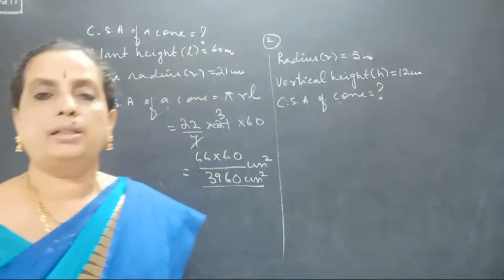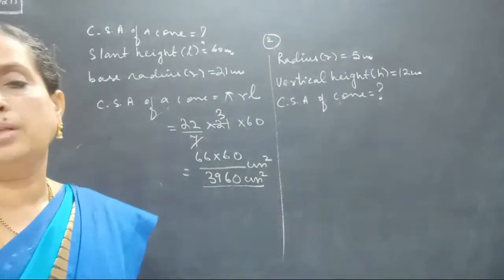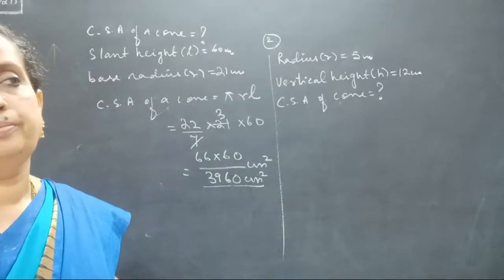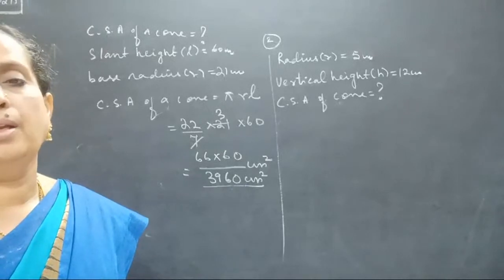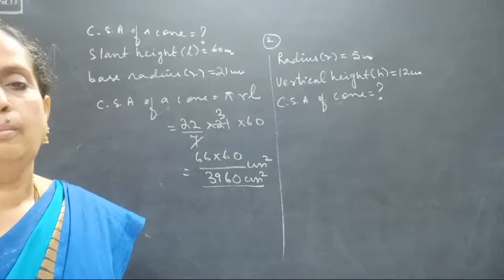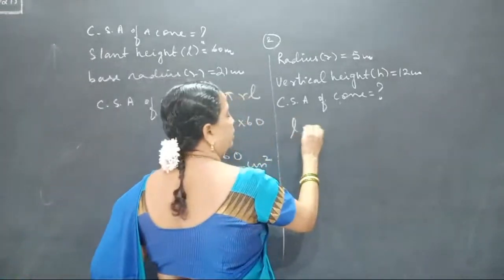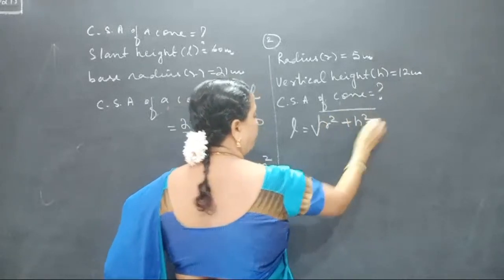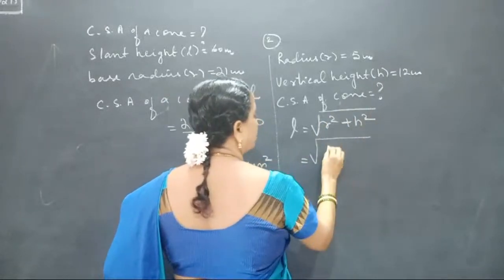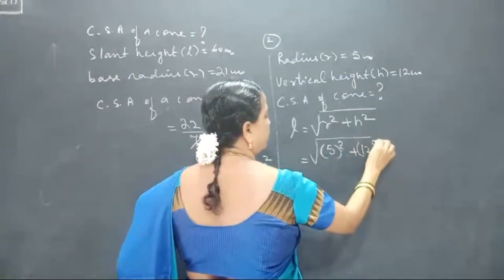To calculate curved surface area, what is required? What's the formula and what is required apart from the given thing? We require L. So to calculate L, we apply the formula root of R square plus H square, where R is 5 square, H is 12 square.